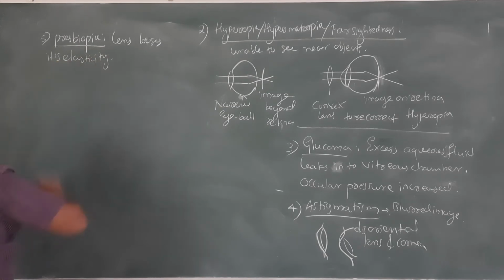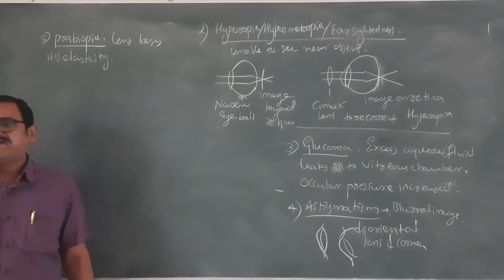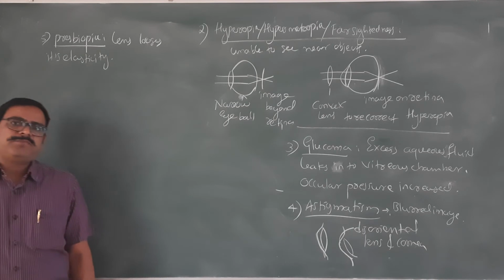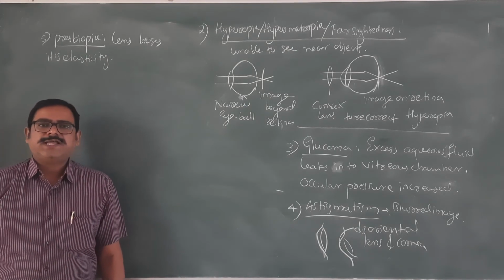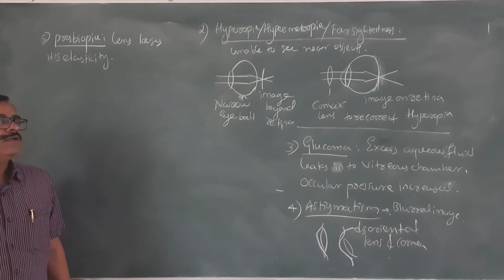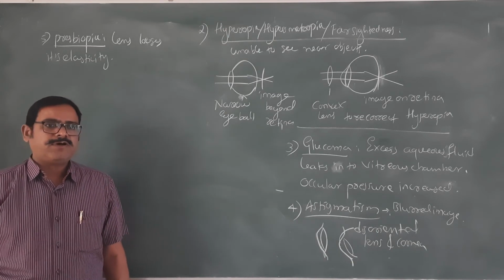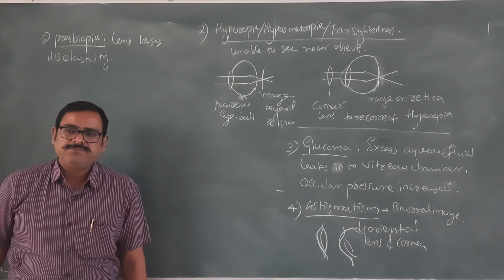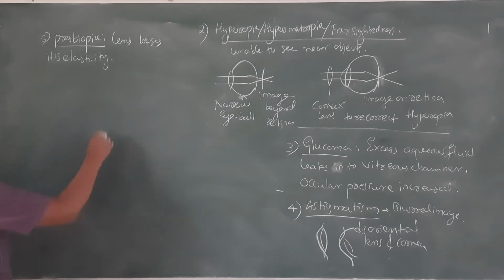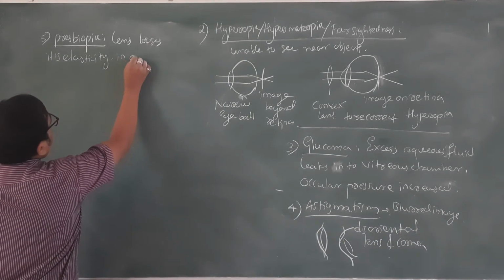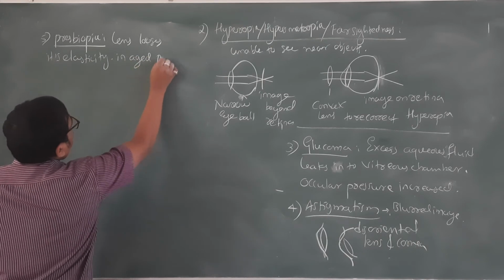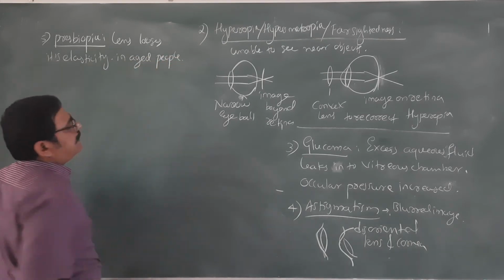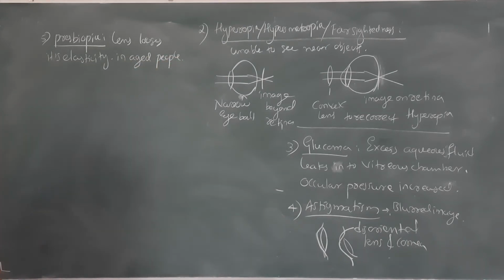The lens is capable of contracting and relaxing because it is made up of crystalline protein. When it loses its elasticity, the person has blurred image formation and cannot see things clearly. This happens mainly in aged people after 40, who then have to wear spectacles. That's called presbyopia.